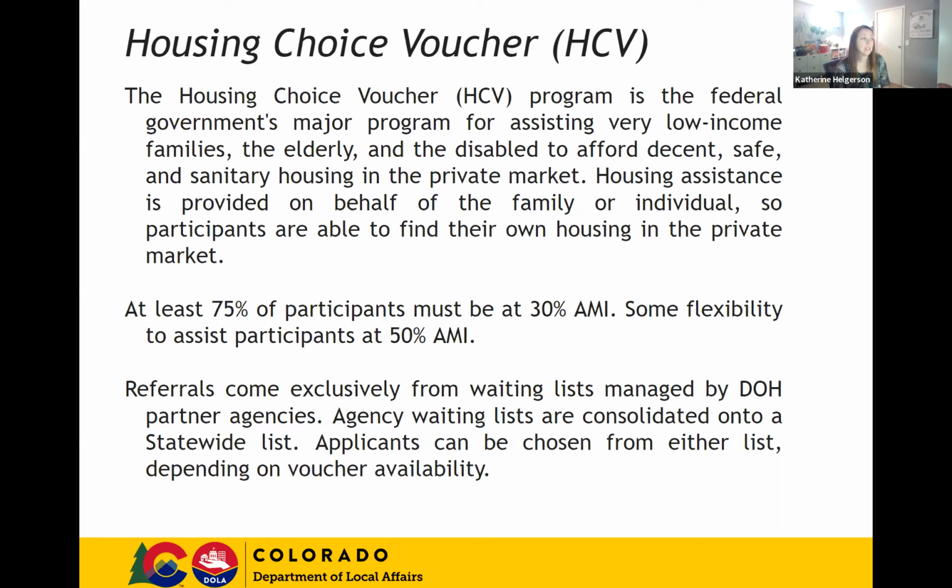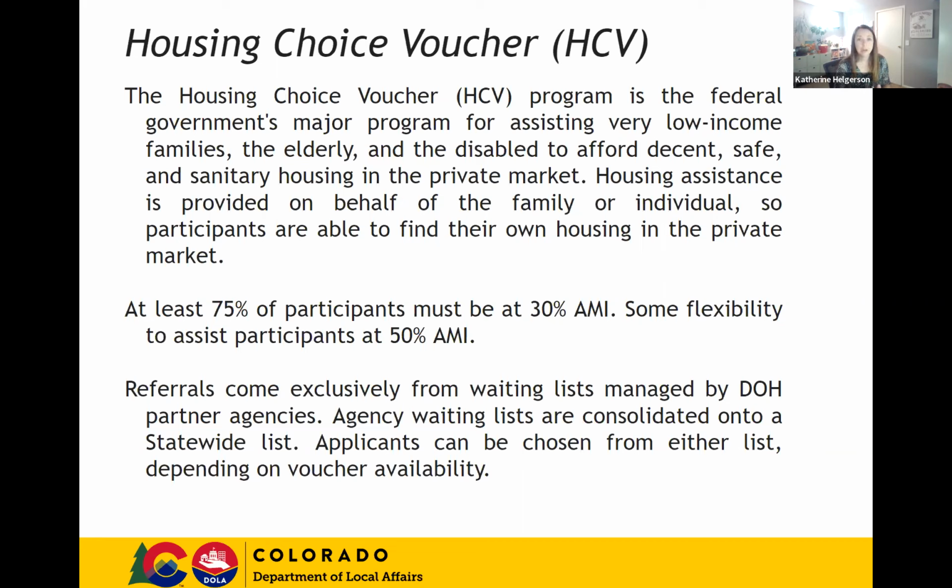We provide housing assistance on behalf of the family or the individual, and then allow those families to go find their own unit. Of course, most of our participants, 75% at least, we're required to serve people who are at 30% AMI. So that's our very or extremely low income population. But we do have some flexibility to serve those in the very low income, which is 50% AMI.